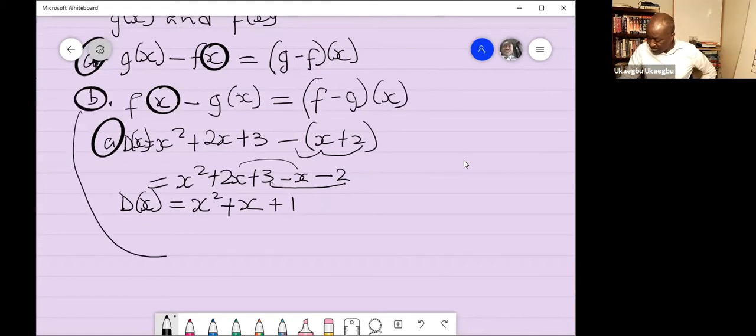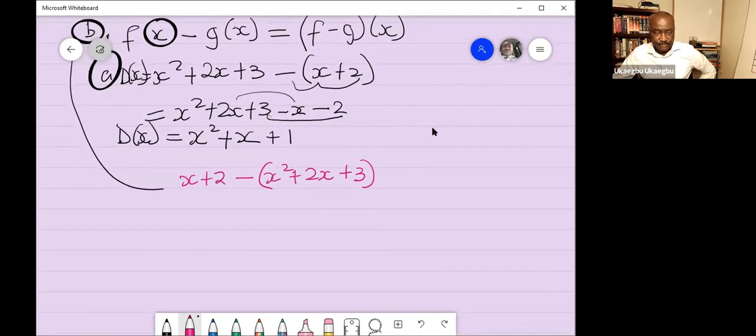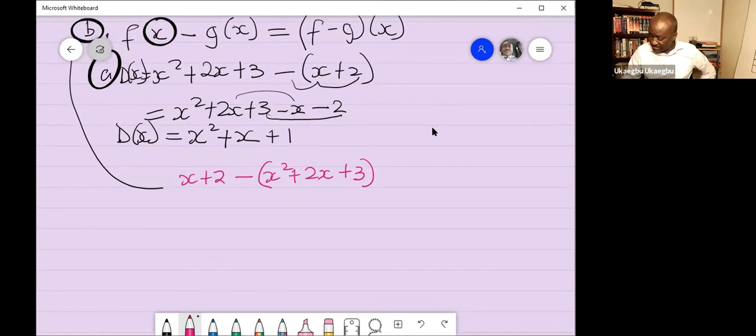The solution for B is going to be, you write your x plus 2 minus bracket x squared plus 2x plus 3. Okay? And then let's simplify it.